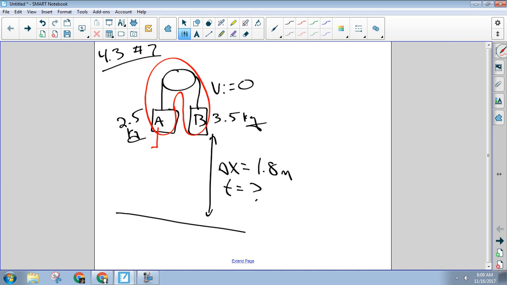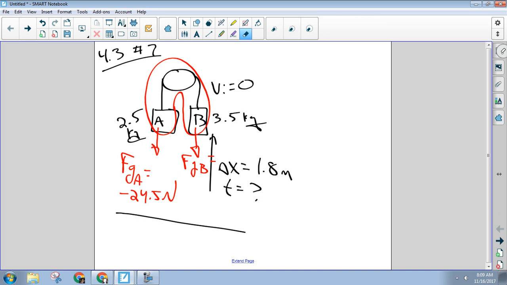Okay, and so you're going to have the force of gravity on block A, which is going to be 2.5 times 9.8, which is negative 24.5 newtons, right? Good. All right, you're going to have the force of gravity on block B, which is 3.5 times 9.8, which gives you 34.3 newtons.